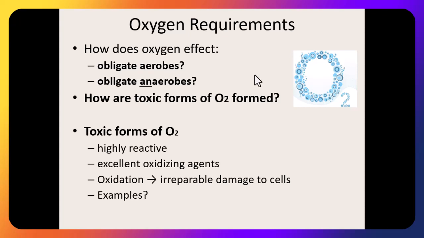Obligate is a term for saying required. If you're an obligate aerobe, you require oxygen, or you don't live. We are obligate aerobes. We require oxygen or we don't survive. An obligate anaerobe requires zero oxygen, which means if you put it into an aerobic or an oxygenated environment, it will not survive.